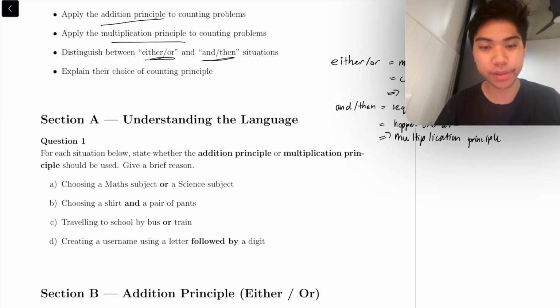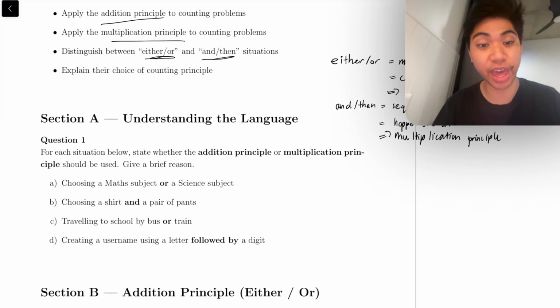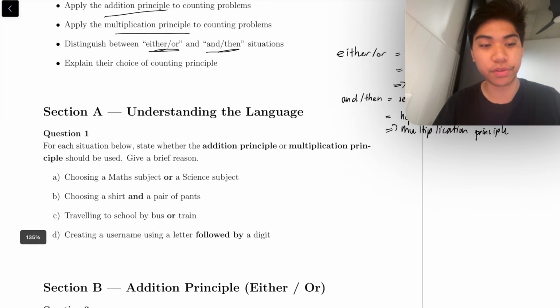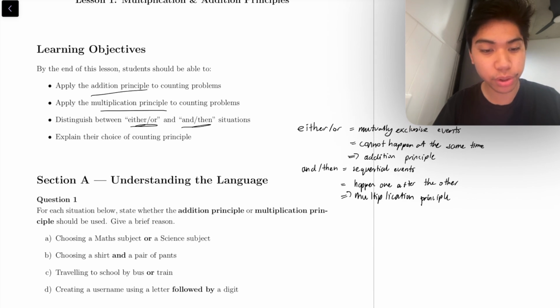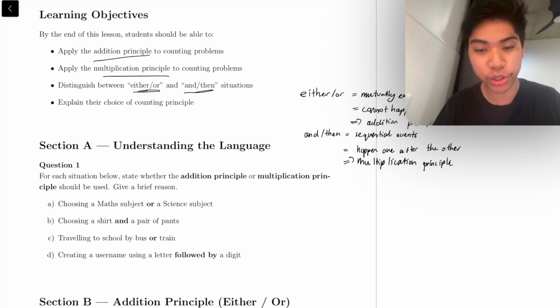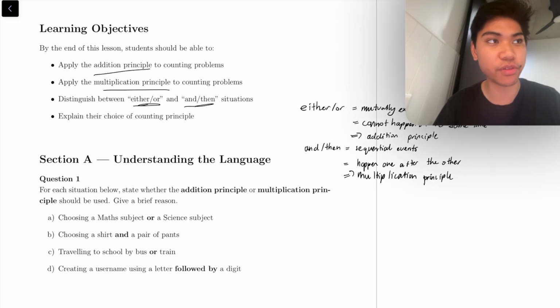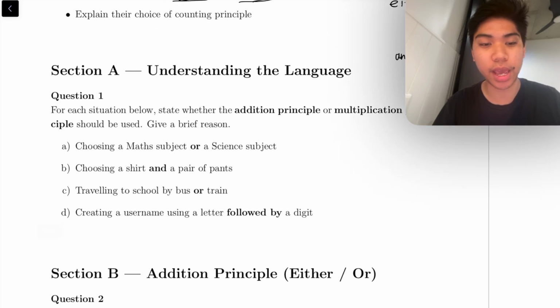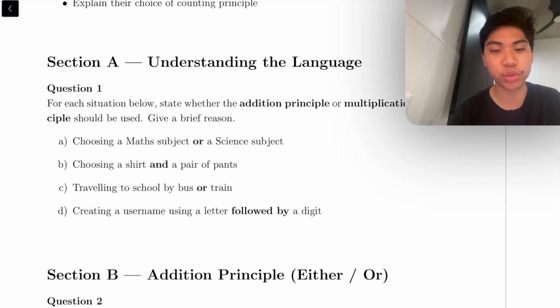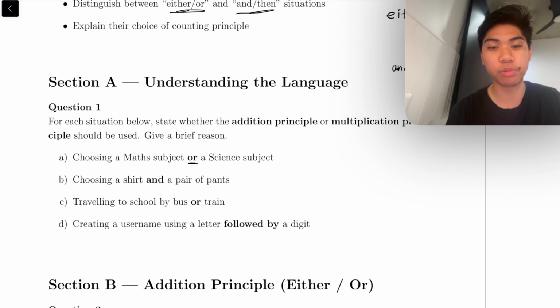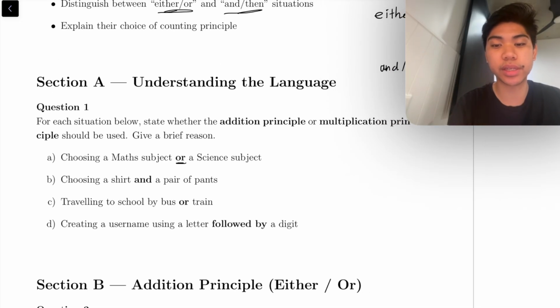So section A is about really understanding the language of that. So for each situation below, state whether the addition principle or multiplication principle should be used and give a brief reason. Okay, so for question 1A, choosing a math subject or a science subject, well, we need to be using the addition principle, okay?